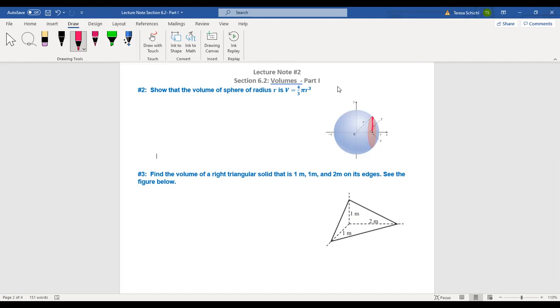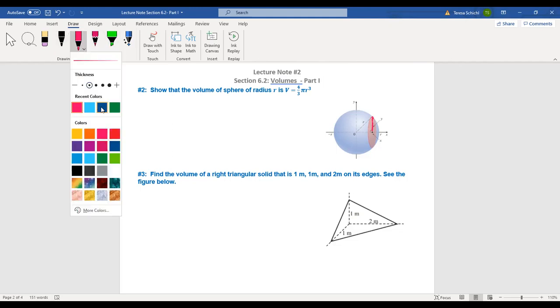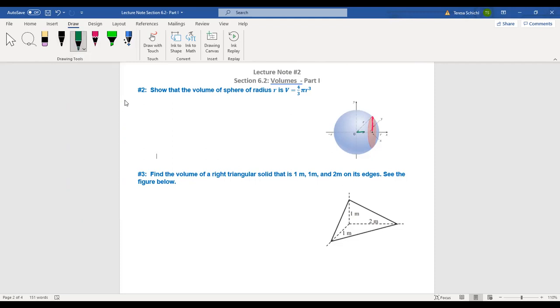This is the radius for this little slice. And what is this distance here? This green line is x.